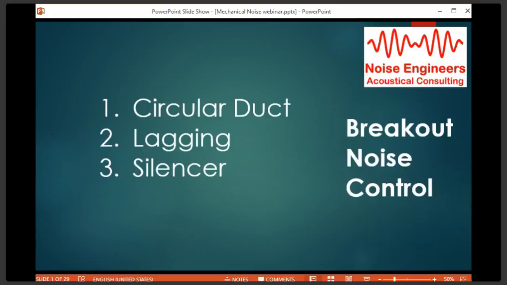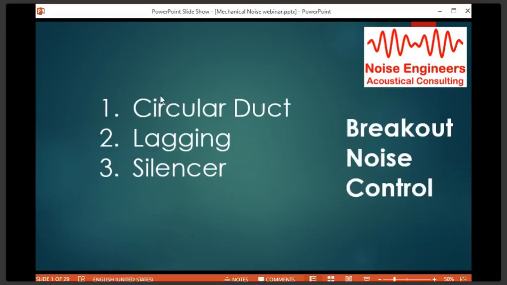but be aware that if you keep that low frequency noise in the circular duct, you're pushing it down the system. So it's going to break out eventually, unless you attenuate it with a silencer. By not allowing it to break out, you may be dealing with it at the diffusers, at the openings, or further downstream.